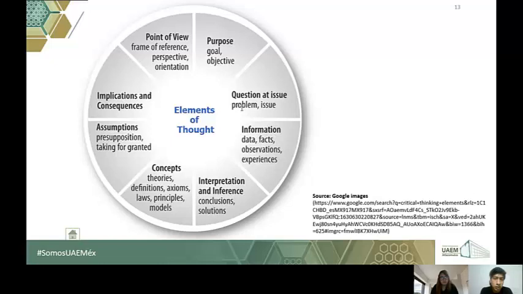The purpose or goal, which is the objective. The question at issue, which is the problem or issue to be addressed. The information, which is the data, facts, observations, and experience. The interpretation and inference, which are the conclusions or possible solutions.